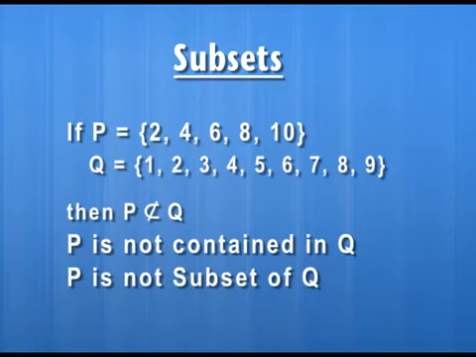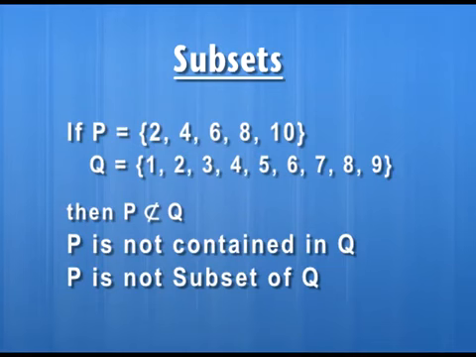We observe that only 4 elements of set P, 2, 4, 6, 8, are in set Q, but the additional element 10 of P has not been included in the set Q. We say that P is not contained in Q, or we write it like this: P not contained in Q. When P is contained in Q, we say P is a subset of Q. When P is not contained in Q, we say P is not a subset of Q.